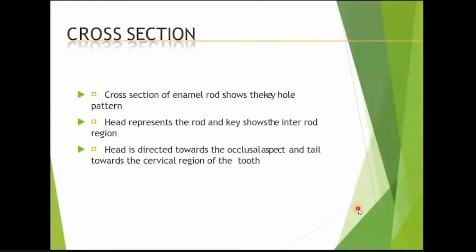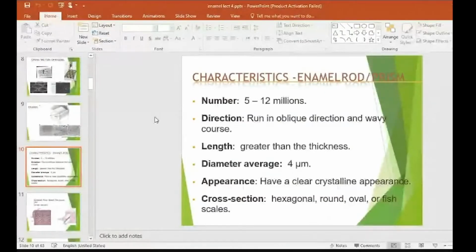Cross-section of enamel rod shows the keyhole pattern. Head represents the rod and key shows the interrod region. The basic unit of the enamel we call the enamel rod or enamel prism. Its number is from 5 to 12 million.